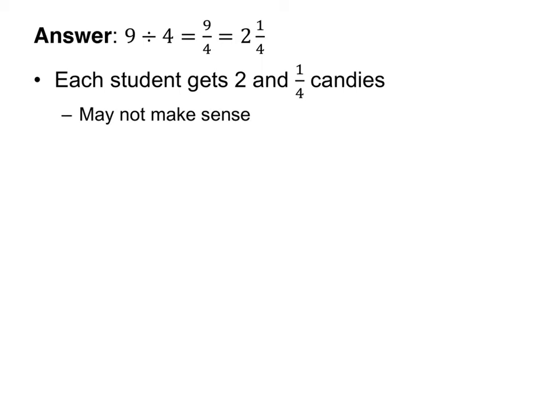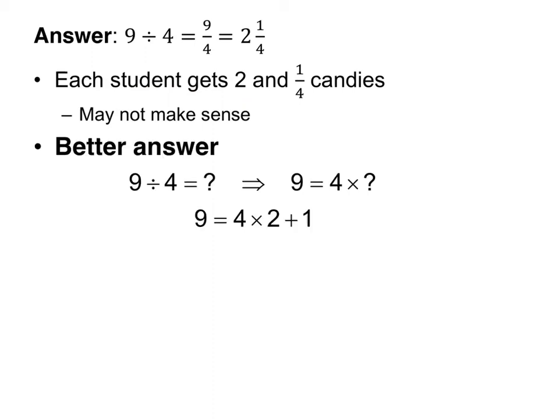It's very possible to cut up a big Snickers bar into 4 pieces and give those out. But if I'm giving out little candies, like hard Jolly Ranchers, I really can't cut those up into 4 equal pieces and give them out. So, depending on the situation, this answer may not make sense. We need to think of a better way of answering this question.